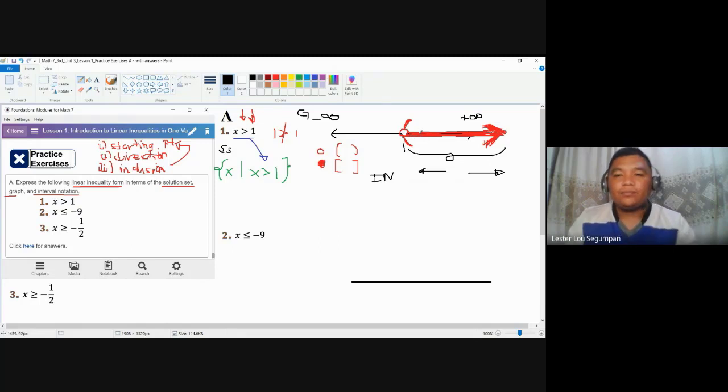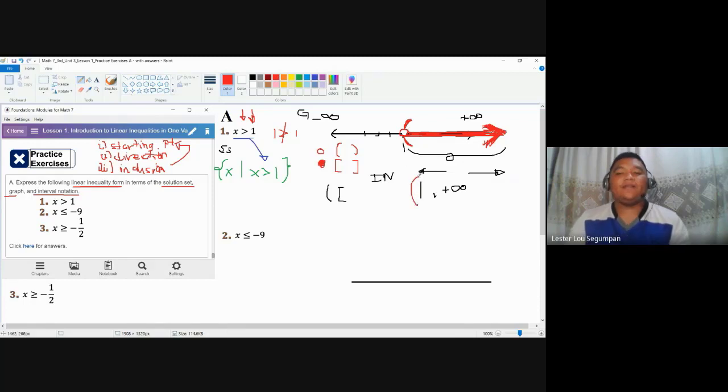So here, the leftmost value is only until 1. It doesn't reach anymore here. So it's until 1. And the rightmost value is positive infinity, because we don't know where it ends, we place here positive infinity. To complete our interval notation, we need to complete it using parentheses or brackets. The reason why I asked you earlier to use parentheses here in this area is to help you determine that in 1, we already use parentheses here.